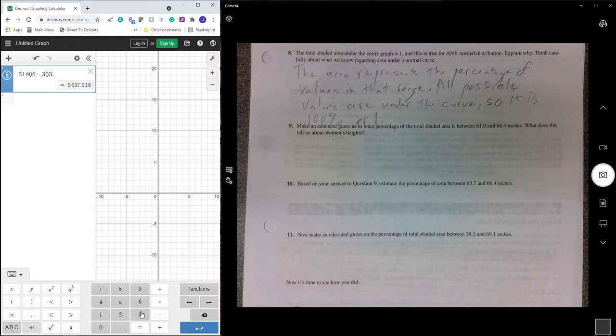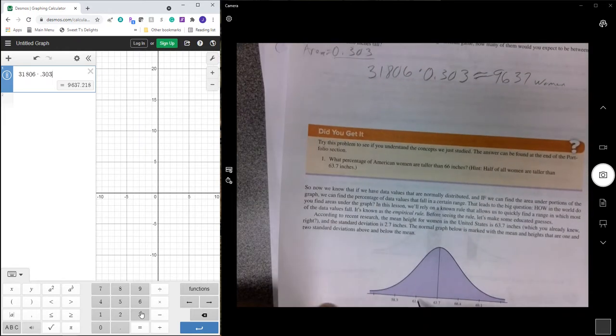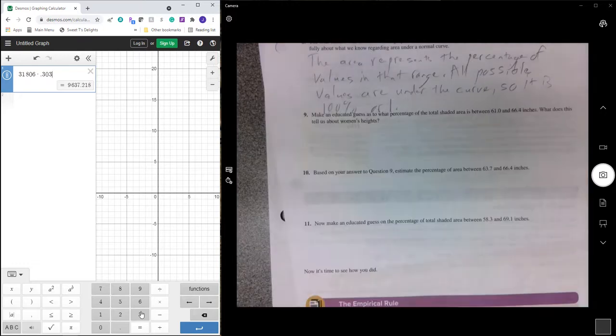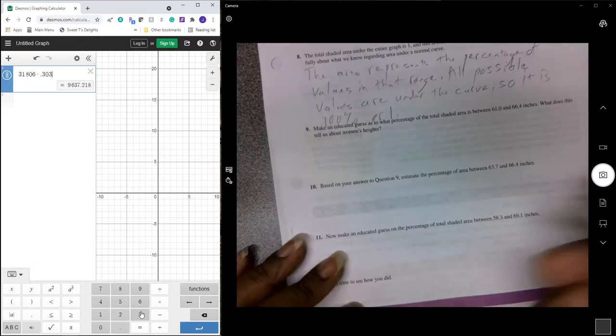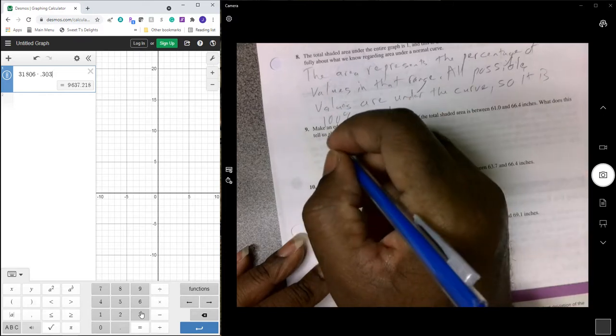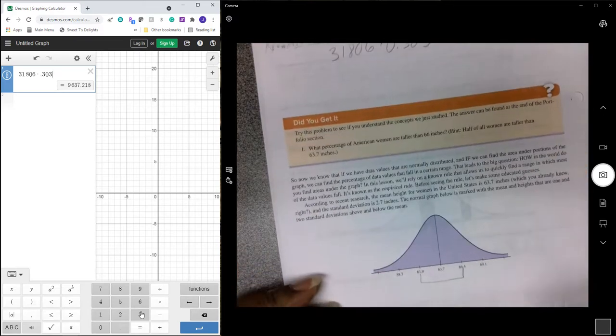Okay, number 9. It says make an educated guess as to what percentage of the total shaded area is between 61.0 and 66.4. What does this tell us about women's height? Okay, if you look here, 61.0 to 66.4, this almost looks like it's taking close to a third of the graph. Well, actually, not a third of the graph. It looks more like a little bit more than half because of how high this is.